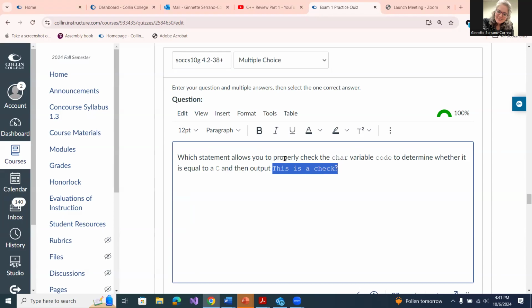So if we want to see if code is equal to C, we would say is code equal to the letter C. So we got to have the letter C in single quotes. Got to have 2 equal signs.